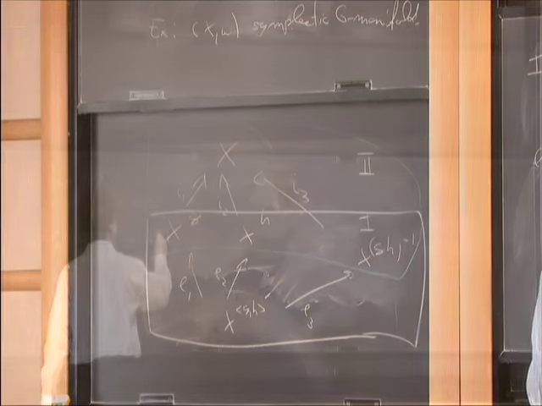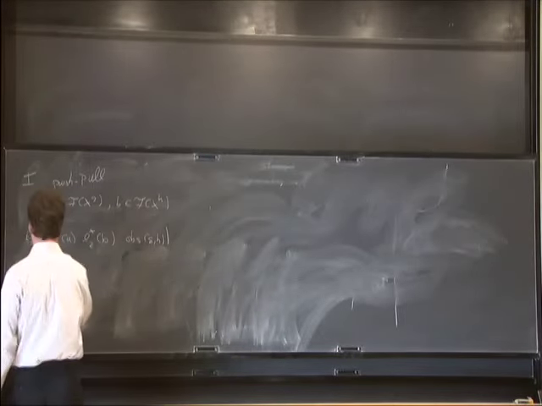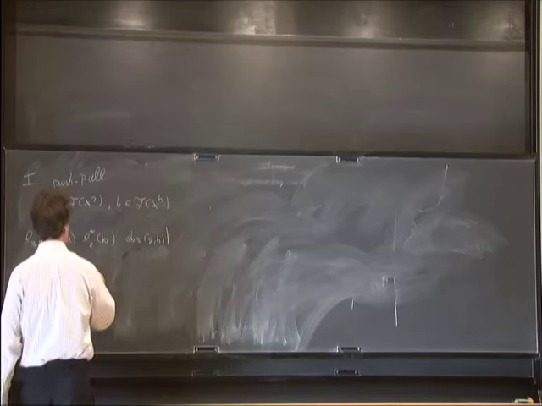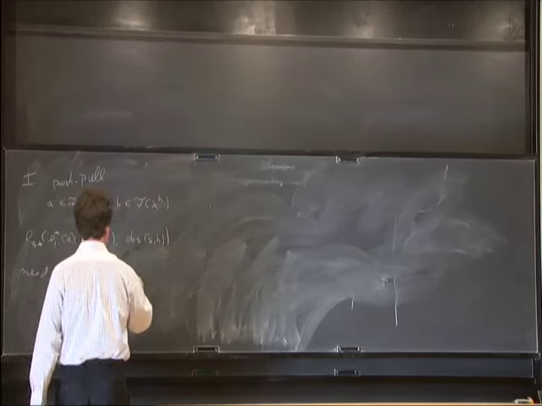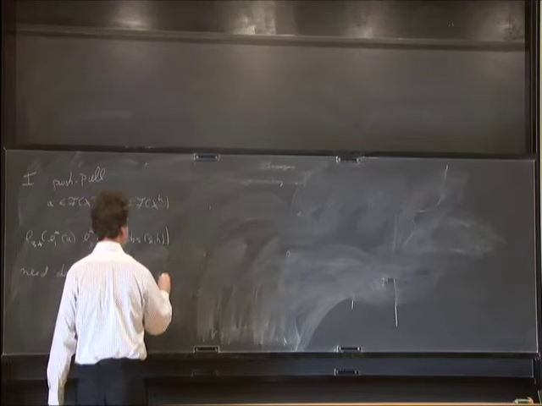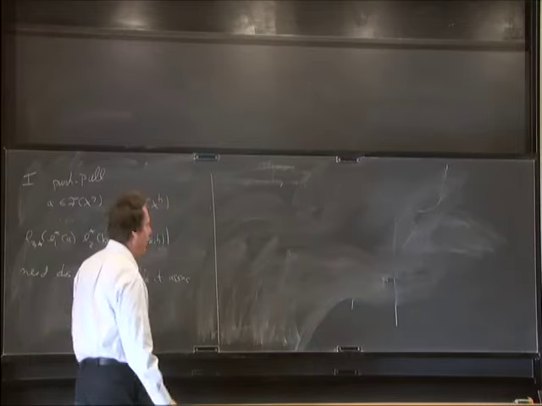So the point is that you need to add some obstruction here. Let me call it obstruction GH. You need this obstruction GH to make the multiplication associative. So what is this obstruction class?